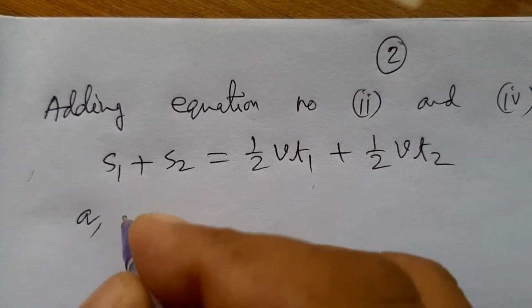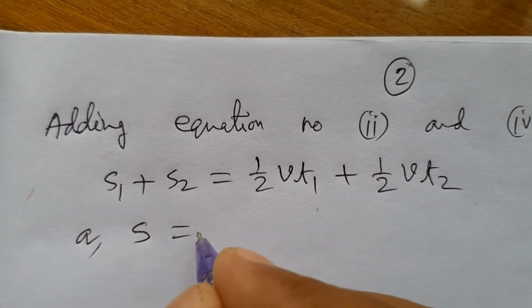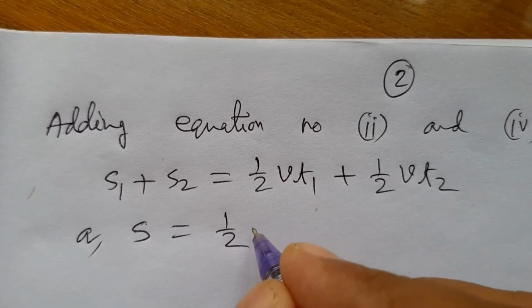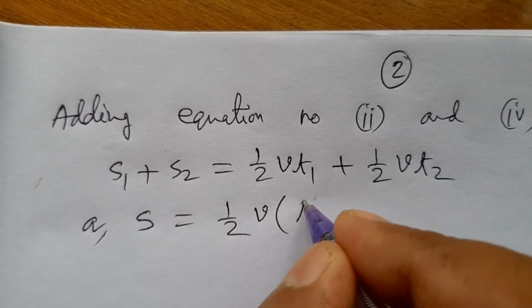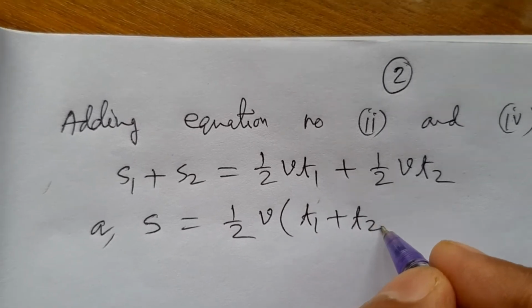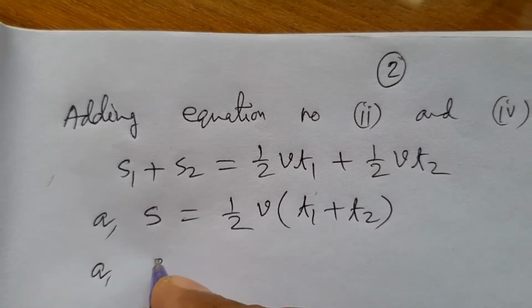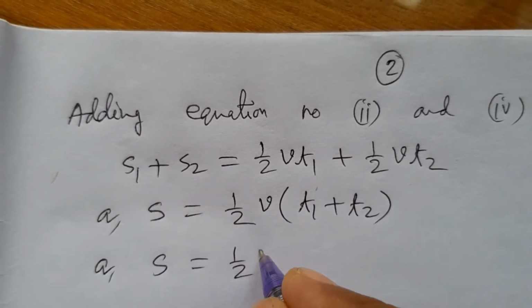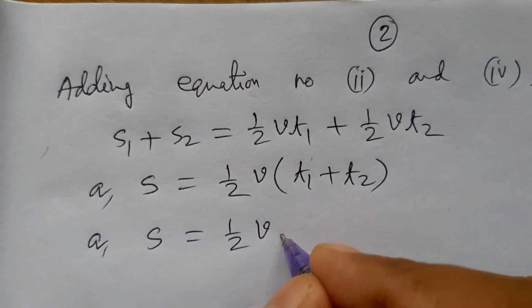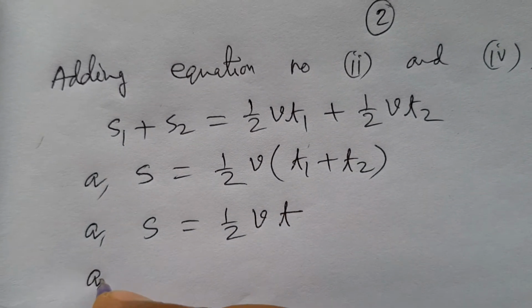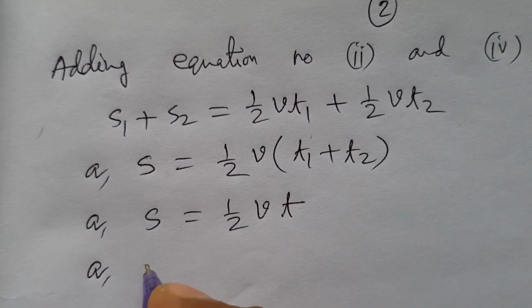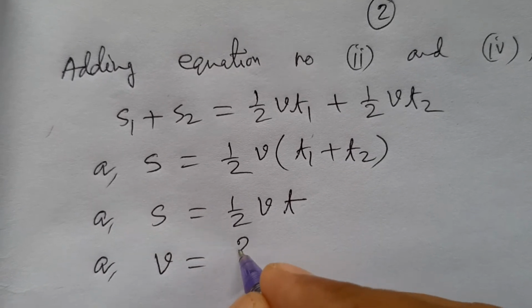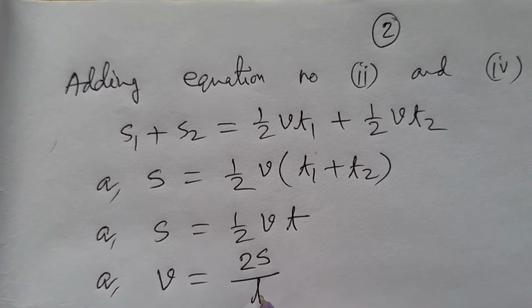Just remember s1 plus s2 is equal to s, and on the right side we can take common half of v, then we get t1 plus t2. So s is equal to half of v into t1 plus t2, that is t. From here we find the value of v. Here v is equal to 2s divided by t.